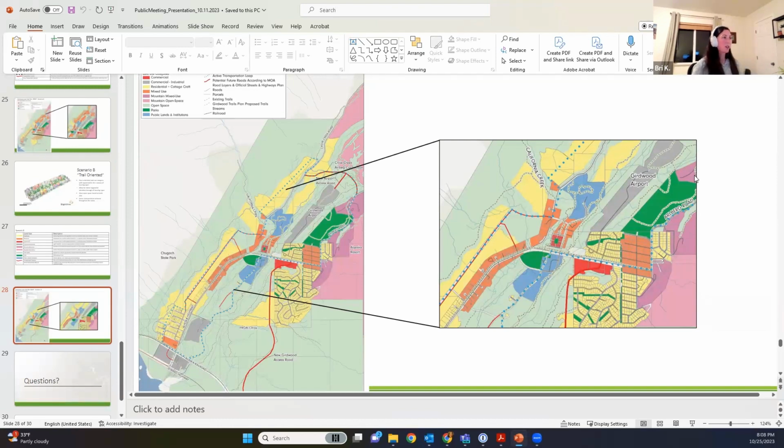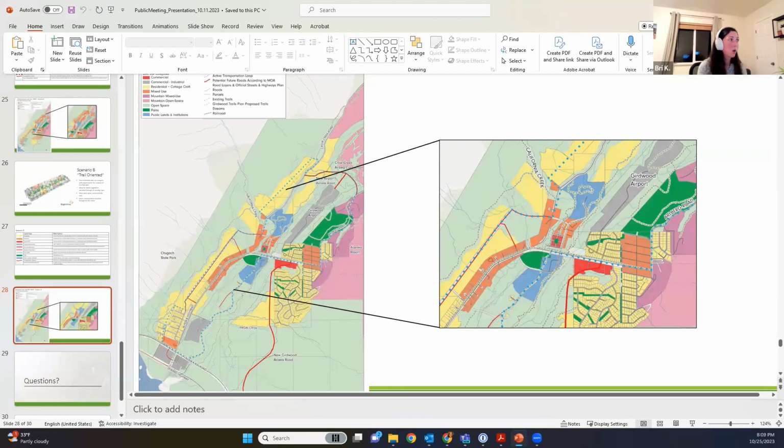I just want to end by saying we wanted to provide two maps that we thought brought forward a lot of the vision and goals as we read and interpreted them. We're not expecting people to pick one or the other. We're anticipating that people will have specific comments about specific areas.